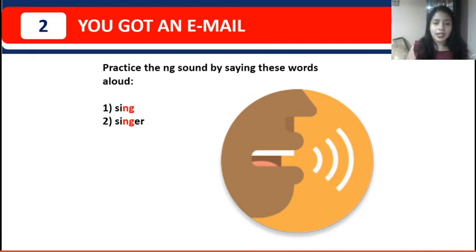Singer. Ring. Thing. Then you have a string. Then you have wings.